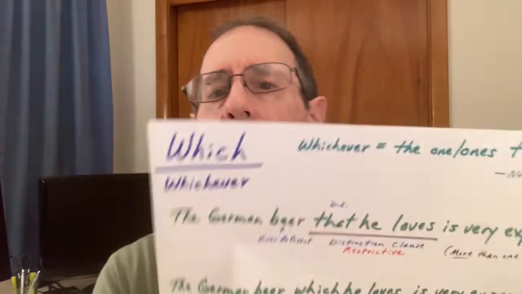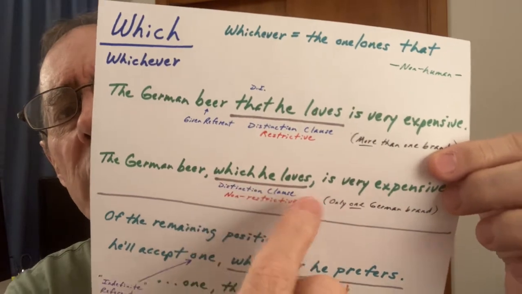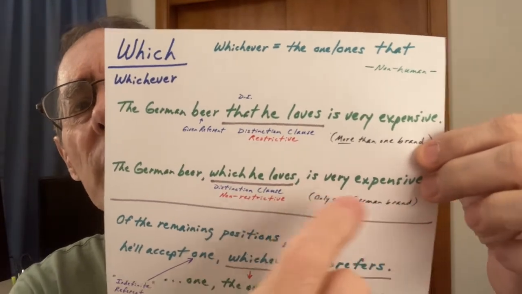But in the second sentence, the German beer, comma, which he loves, comma, is very expensive. That's non-restrictive. You can take it out and still impart the crux of the meaning of the sentence, the basic meaning.